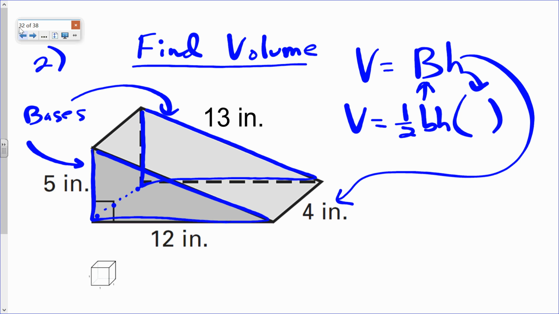Now, what I'm trying to stress right now is do not confuse the height of the triangle with the height of the prism. You've got two different heights going on. Beware. You'll see this on the final. But the cool thing is this will be recorded so you can come back and watch this if you're a little scared.